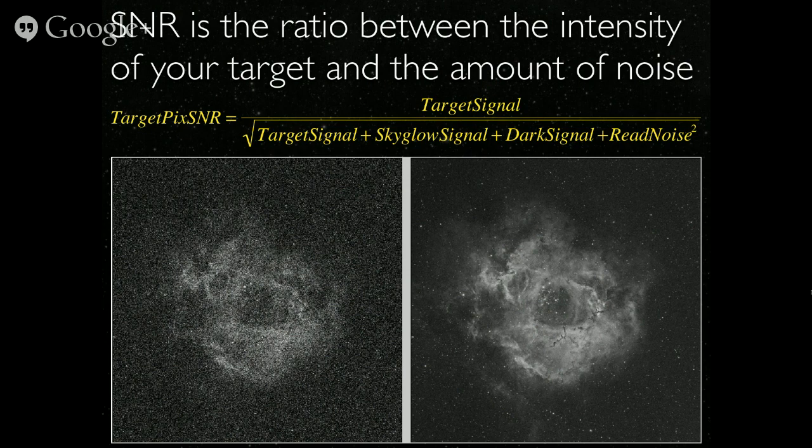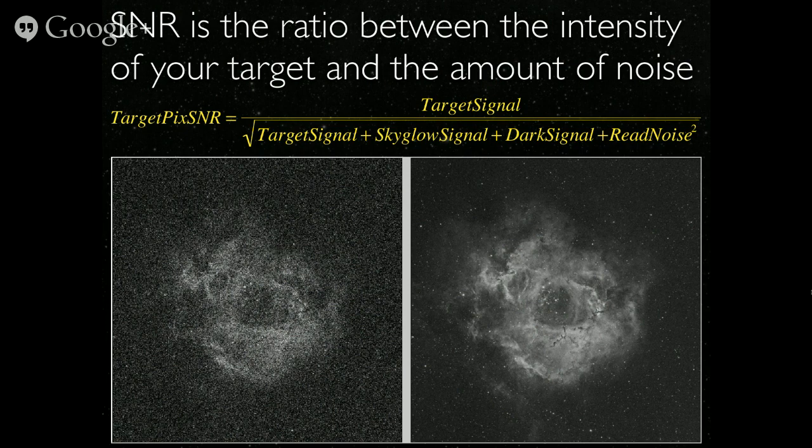All right, so here I've shown these two images, and one of the things that I want you to know is that anything you can do to boost your target signal here is going to be boosting your SNR, straight up. You double the target signal here, you are going to be boosting up the noise.